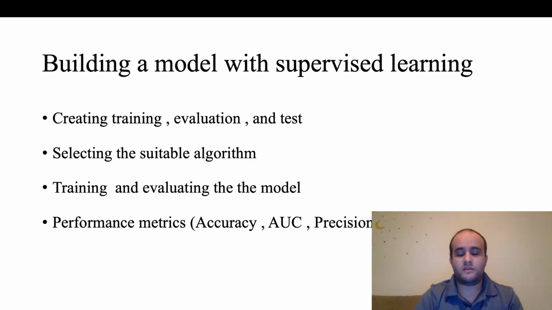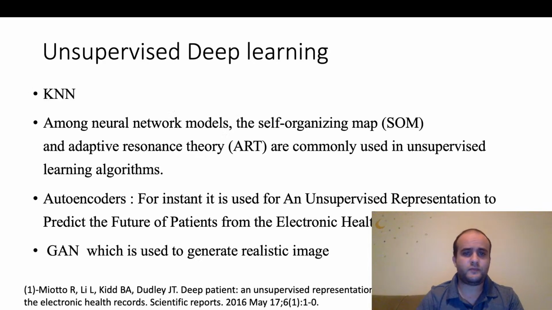Similarly, for time-based data we also need RNN. After selecting the algorithm suitable for our data type, we train and evaluate the model and then report the performance metrics. This is the general process, and you find it in all supervised learning.